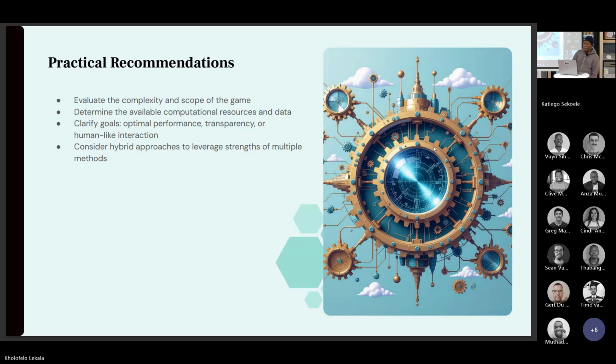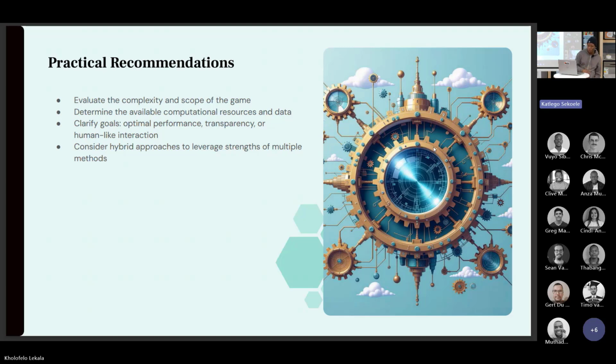And based on the goals you have for the game, if you are looking for optimal performance, I suggest that you go with reinforcement learning. When you are looking for transparency, then the rule based would be okay for you because you can interpret it well because it uses a heuristic function.